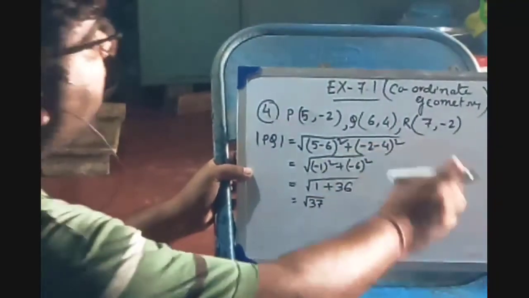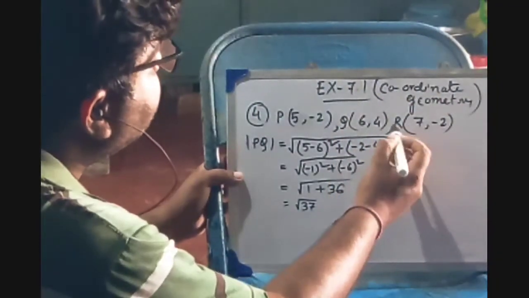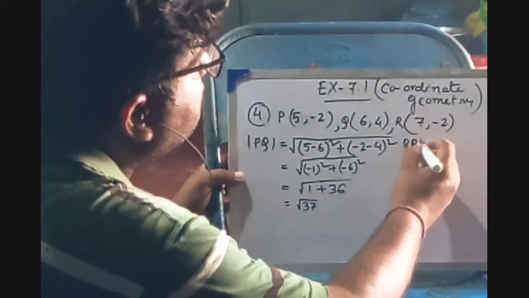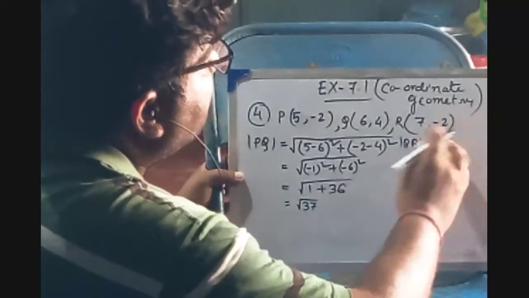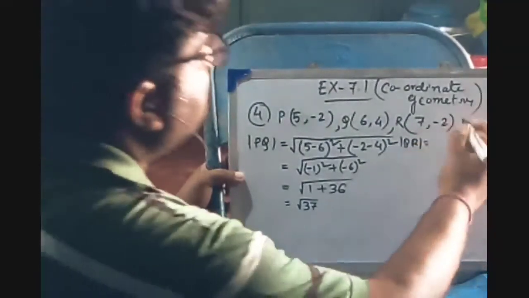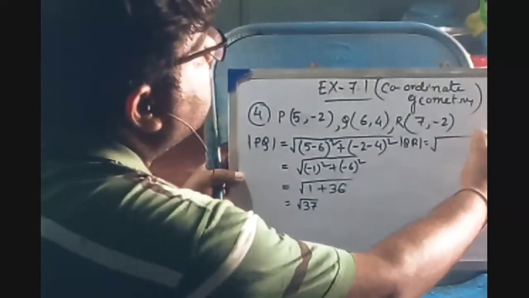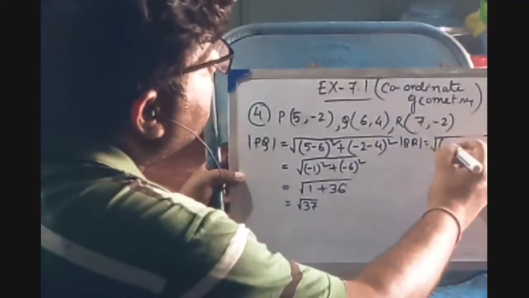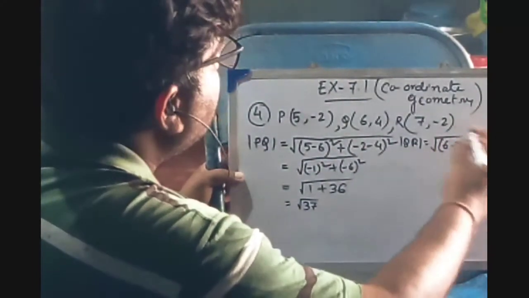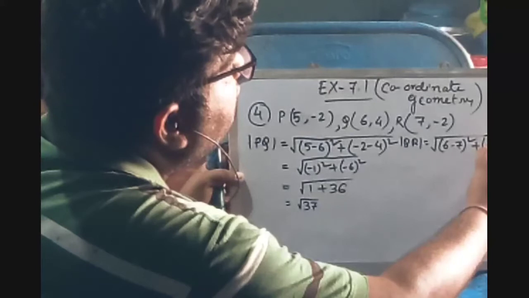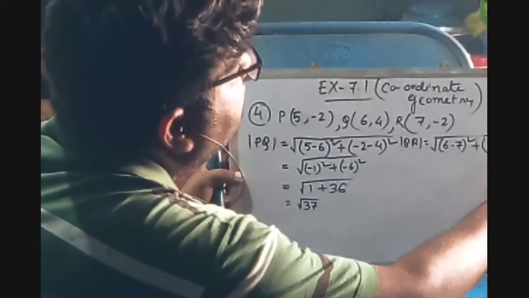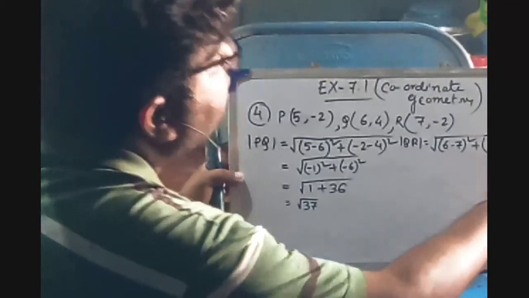Next we have to find the distance of QR. So mod of QR equals (6 - 7) whole square plus (4 minus of -2) whole square.